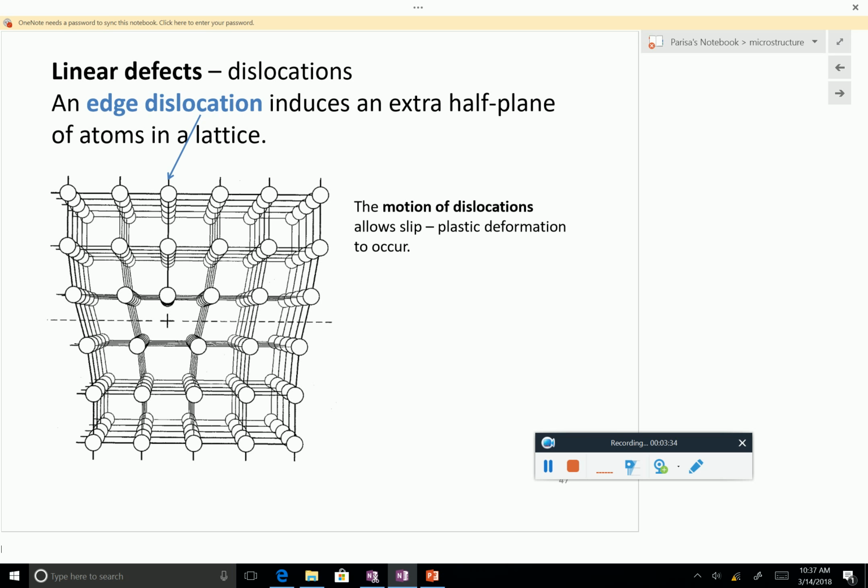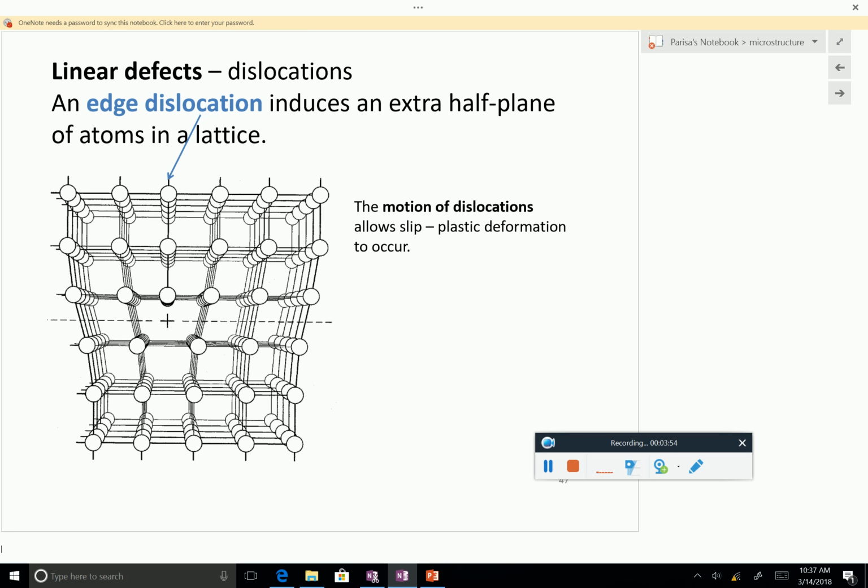Either way of thinking about dislocation is correct. The problem with dislocation is that on this plane you are going to have a slip. And this is behind a lot of properties of the metallic materials.